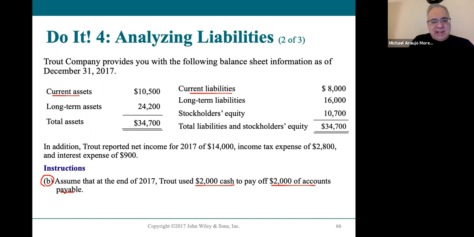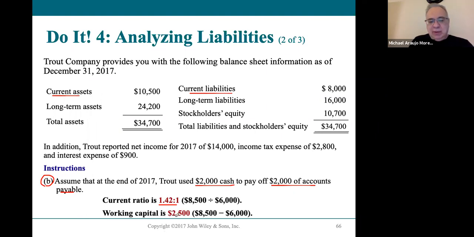Well, their current assets would now be $8,500. Their current liabilities would now be $6,000, right? $2,000 less on both sides. So that would mean the current ratio actually looks better, $1.42 of current assets to every dollar in current liabilities, 1.42 to 1. However, working capital is the same because when you subtract the difference, it's still the same difference. So no change on working capital, but certainly current ratio looks better.